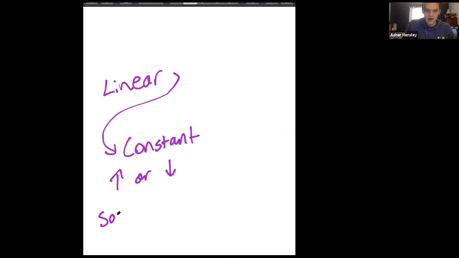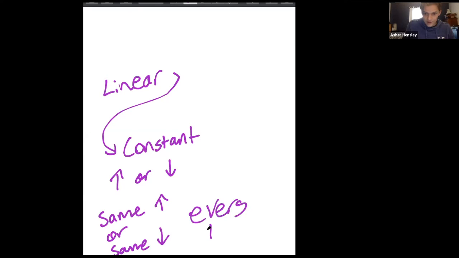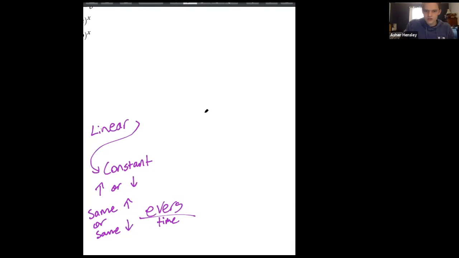So same add or same down every time. Exponential, not constant. The change is different every time.